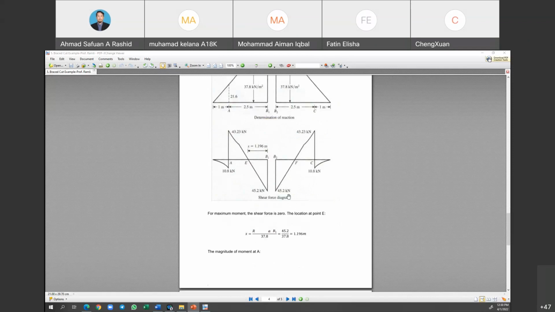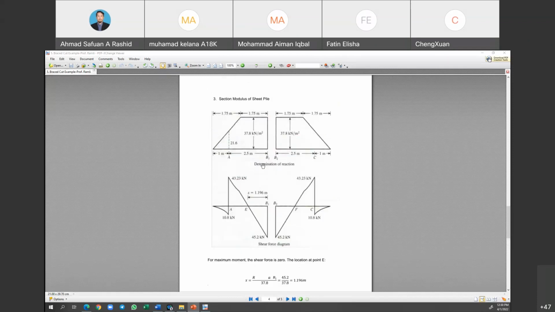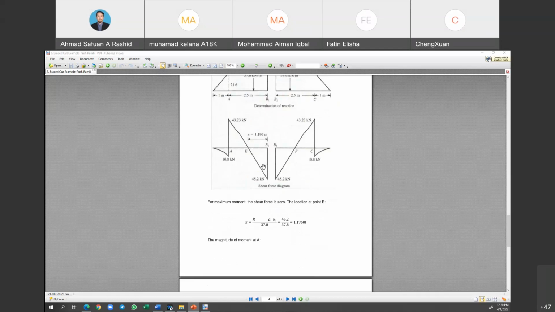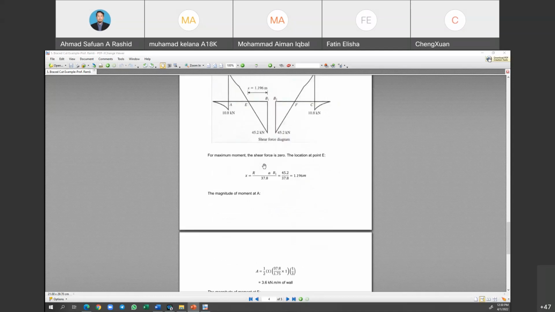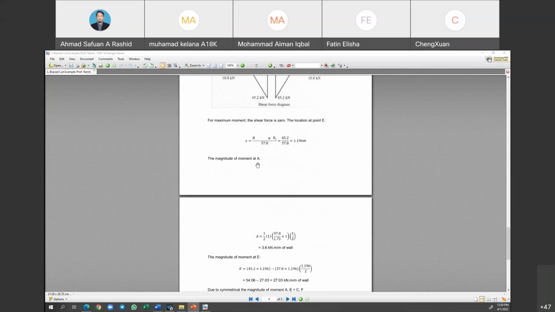So they just divide the 42.5 over 37.8, and they obtain 1.169. Then the magnitude of the moment at A.